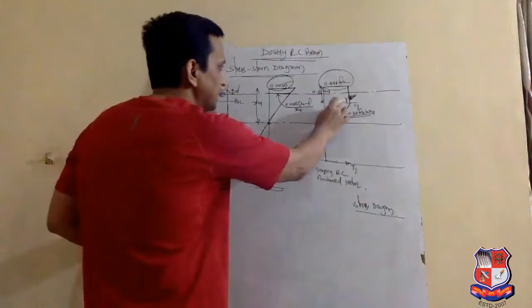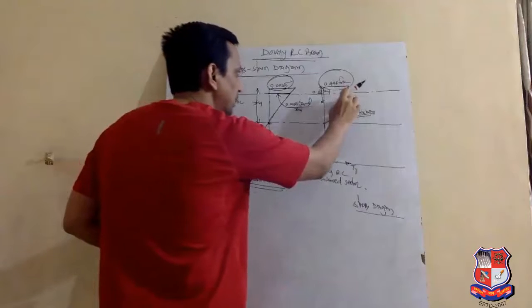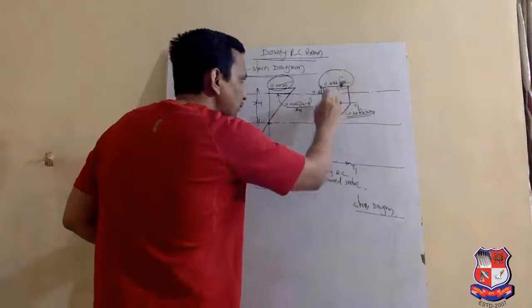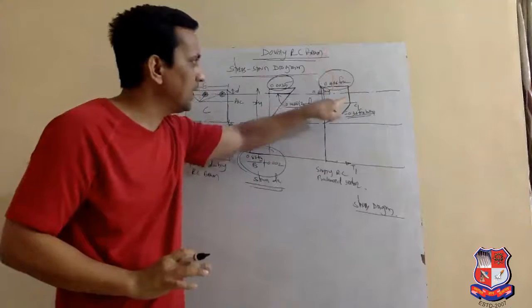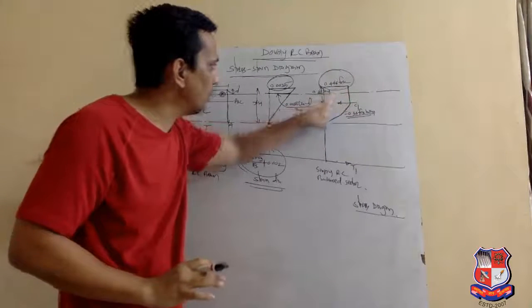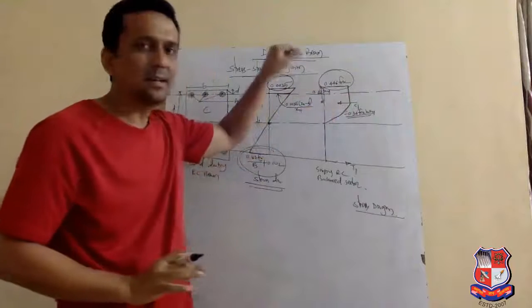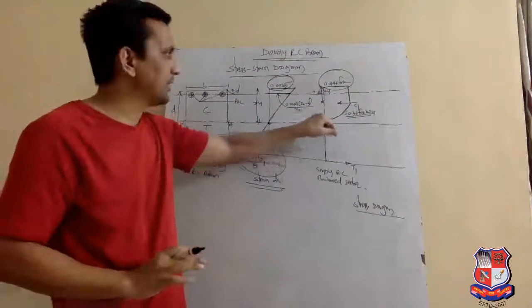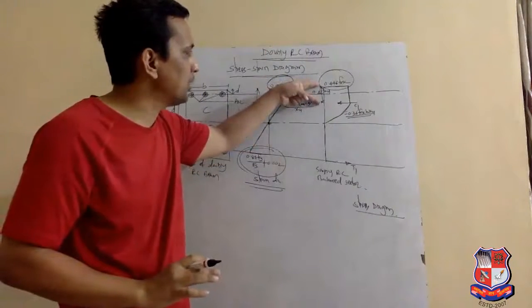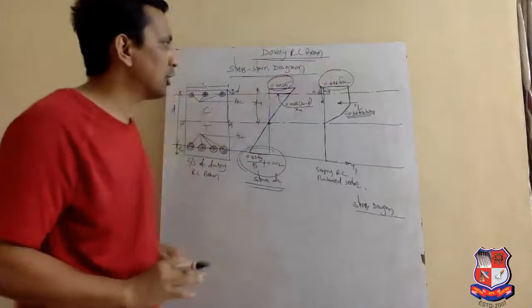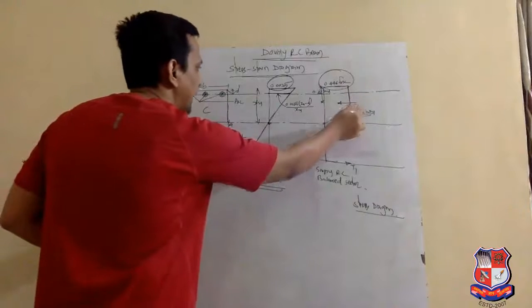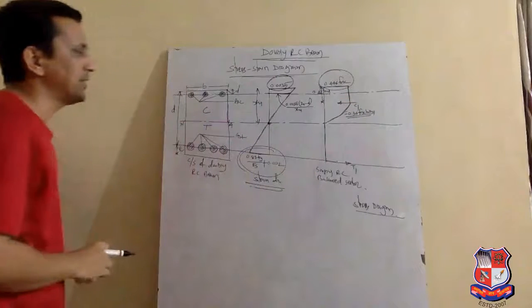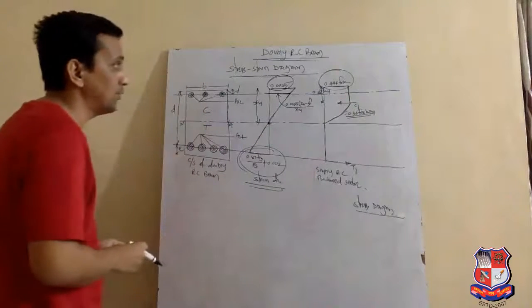So C1 is nothing but the resultant of all these compressive forces, and it is assumed to be concentrated at a distance of 0.42 xu from the top of the beam. Now let me explain where the value of 0.36 fck b into xu has come from.